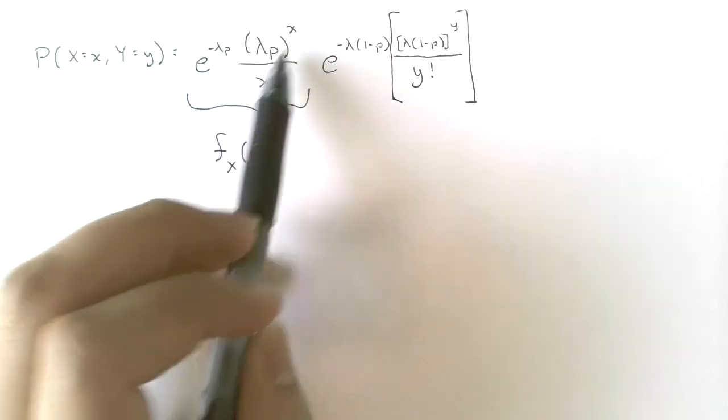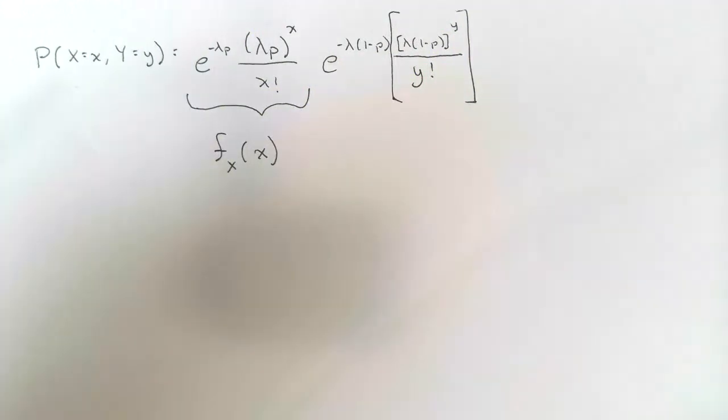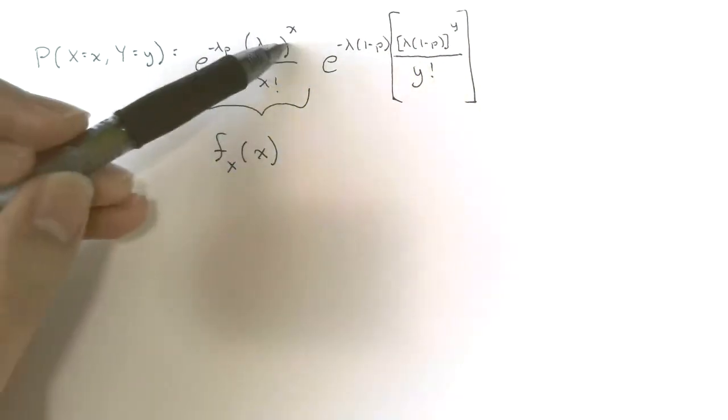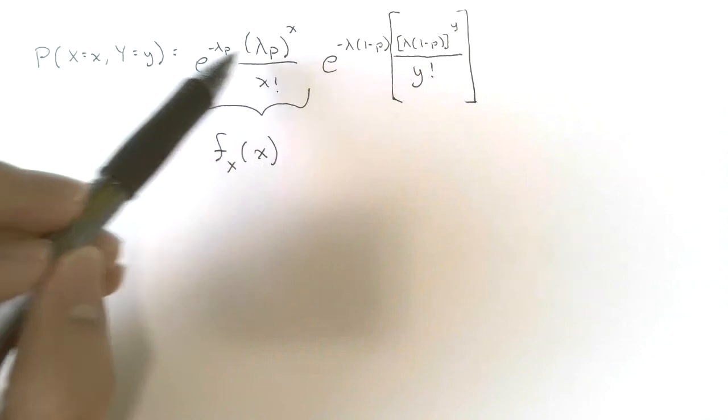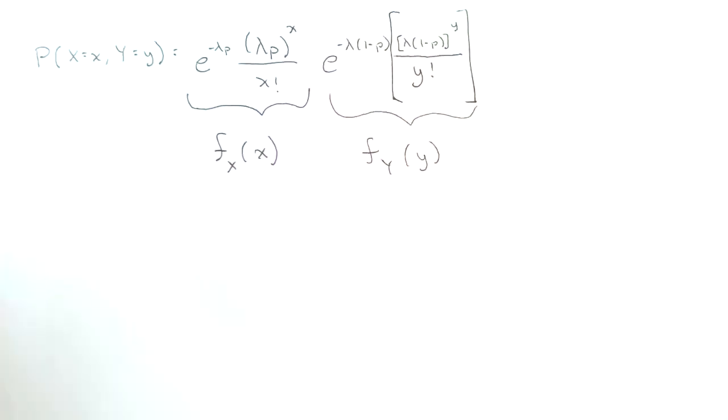So this is a marginal probability distribution for x. Notice that it relates to the variable x, and it relates to the probability of success. And now here, what we have is an expression for the marginal probability of y.